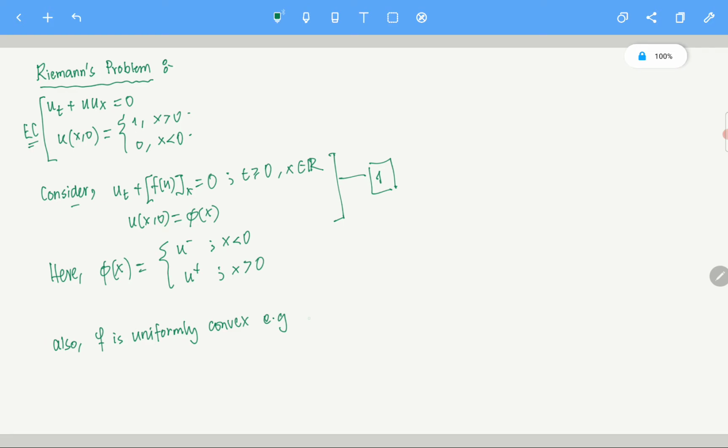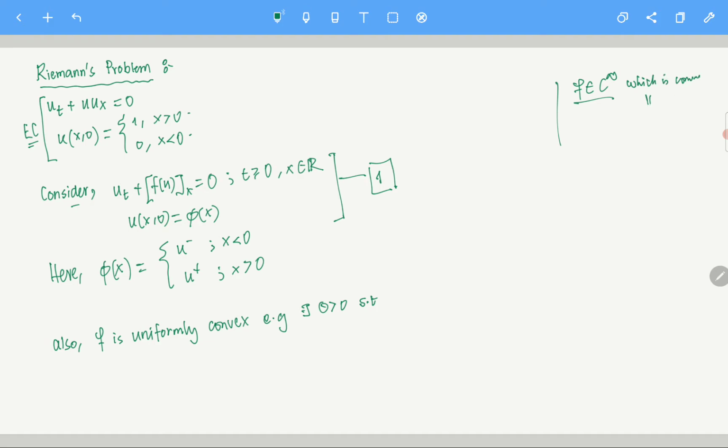It means that there exists a theta greater than 0 such that, and please understand this, you all know about convexity. If f is convex, let's say f is a C2 function, or let's just stick with C infinity, f is a C infinity function which is convex.